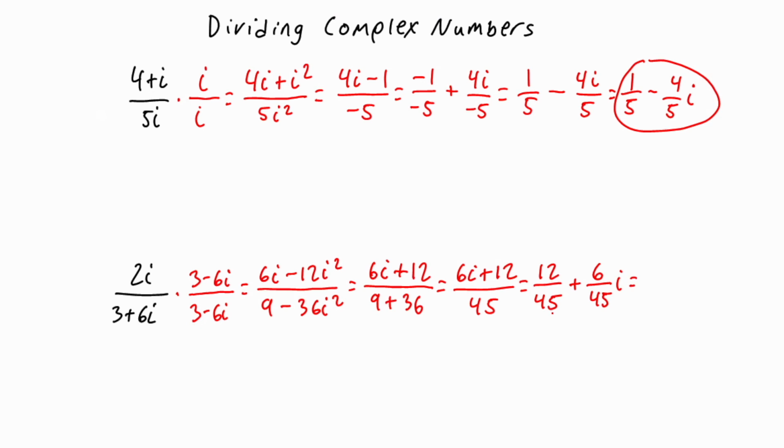So 12 over 45, you can divide each of those by 3, and you'll end up with 4 over 15 plus, and on the other side, 6 and 45 also can both be divided by 3, and so you'll have 2 over 15 i. And this is the way that we're going to put it because it's in a plus bi form.